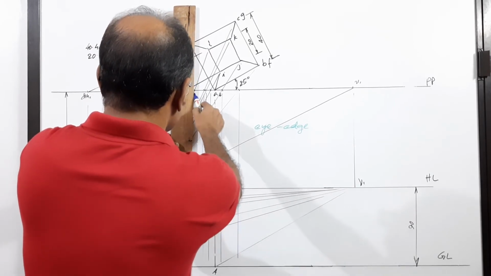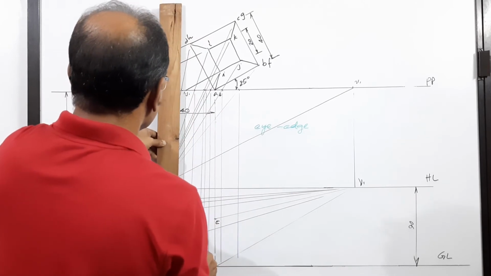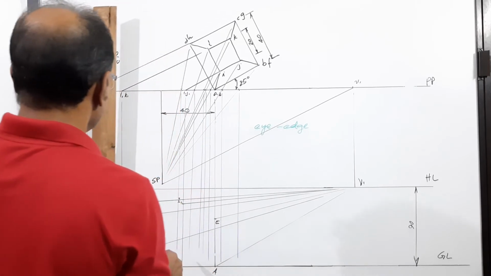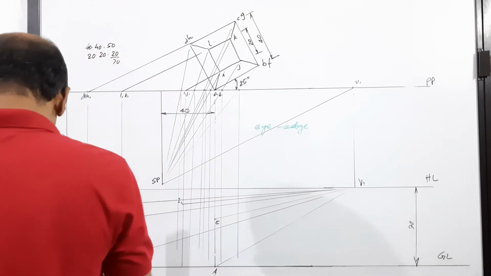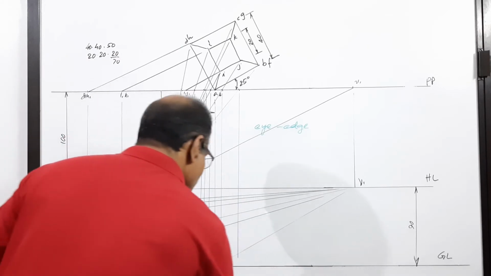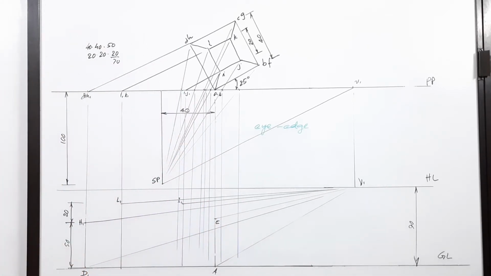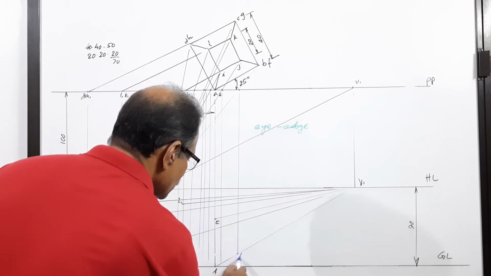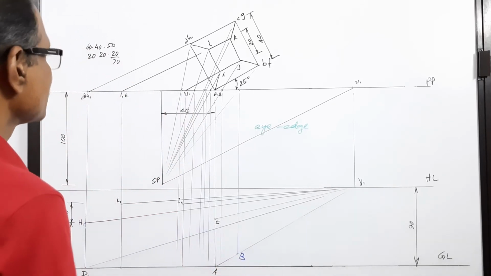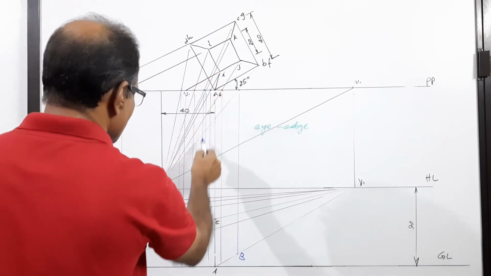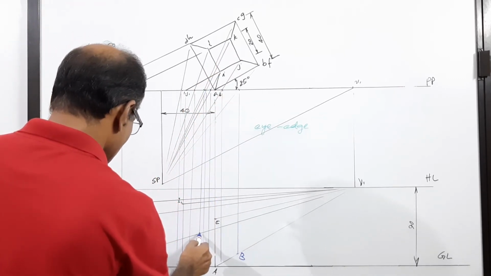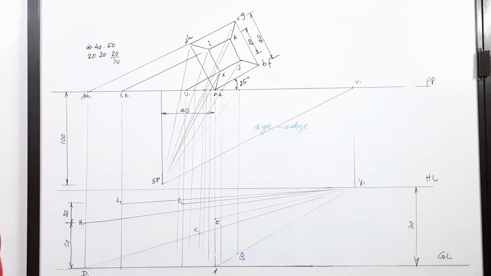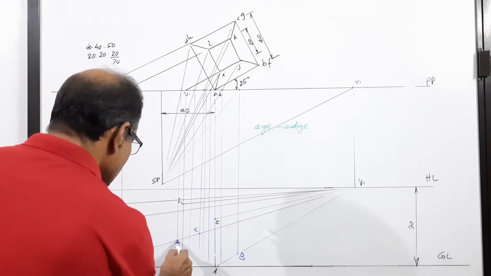I am dropping intercepts from each point. I think all intercepts are drawn. What is this? This is B. I will go in an order. What is this? That is C. What is this?